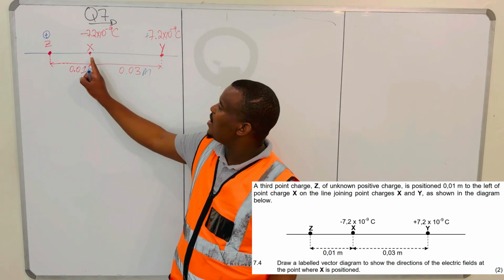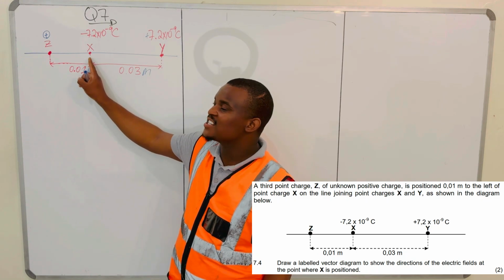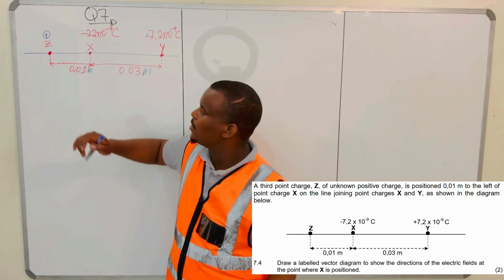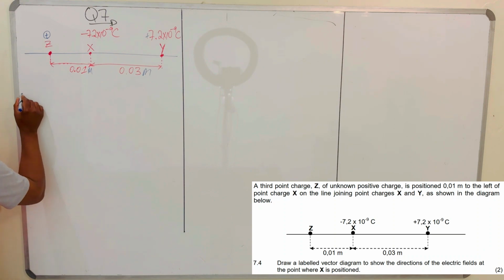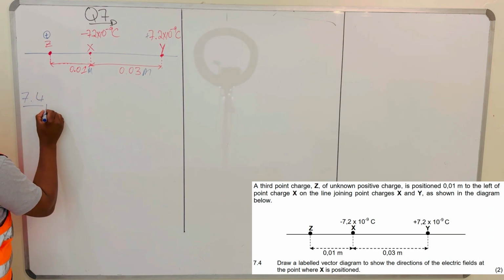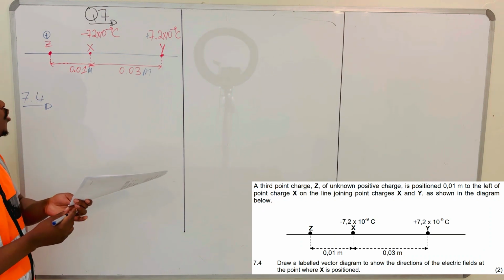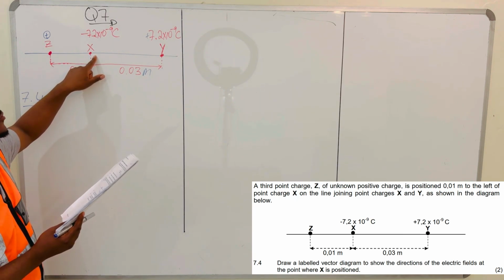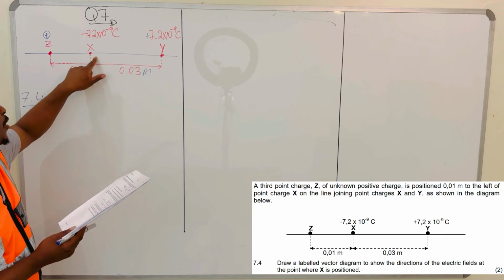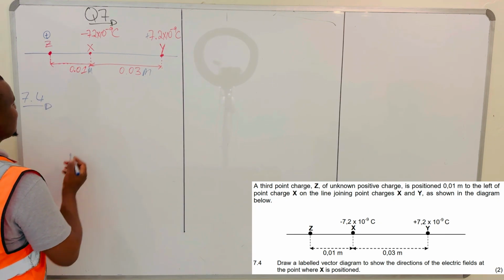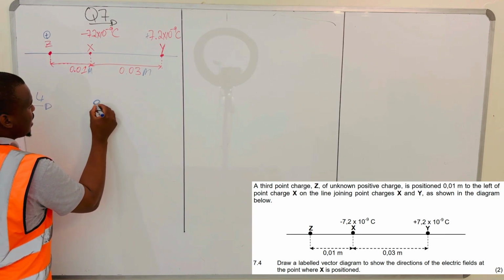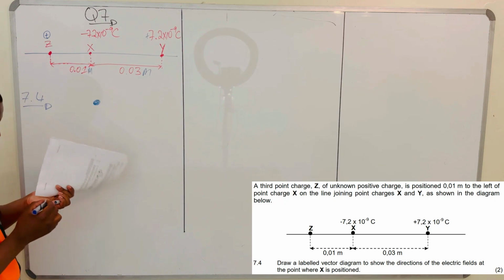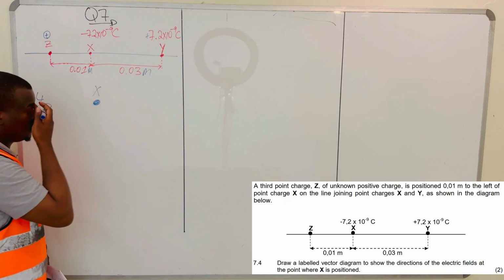They want us to draw a vector diagram to show the directions of the electric fields at X. So if you are point X, you are sitting here.